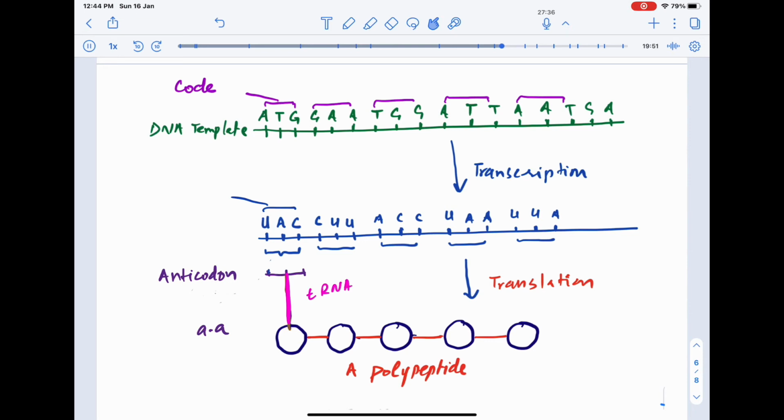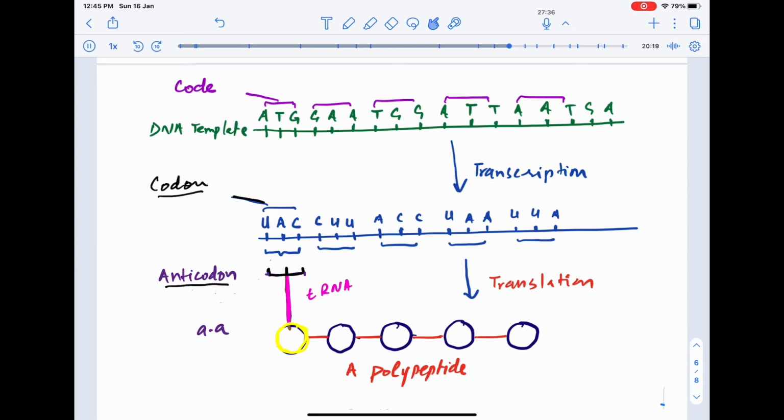This tRNA has an amino acid attached on one end, and it has an anticodon at this end. This anticodon is complementary to the codon on an mRNA.